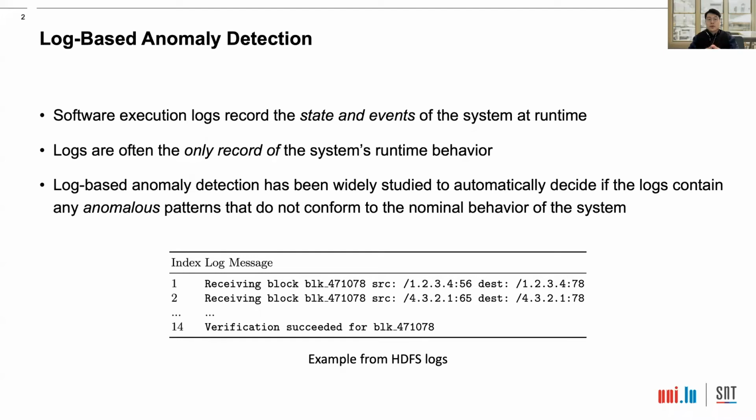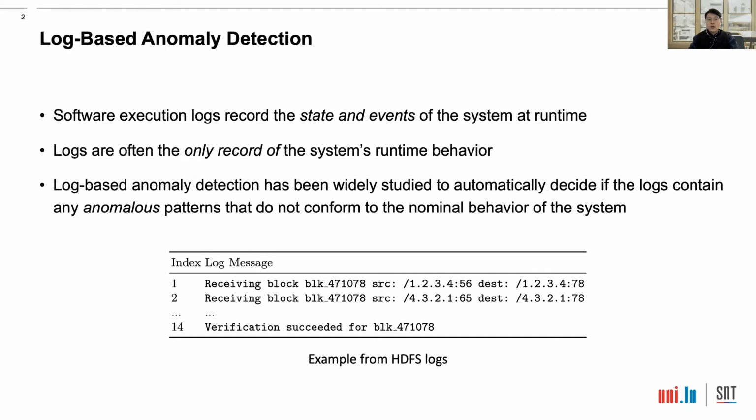Software execution logs record the state and events of the system at runtime, which is very valuable information. Furthermore, logs are often the only record available for investigating the system's runtime behavior.